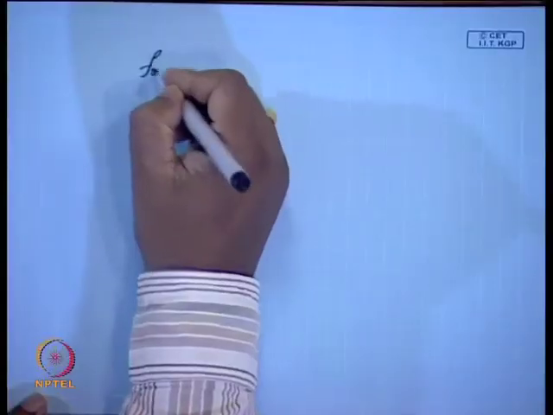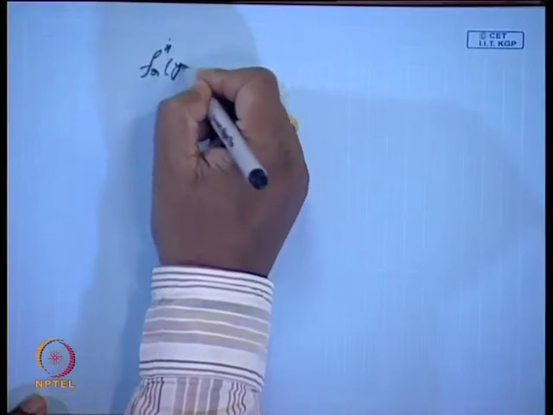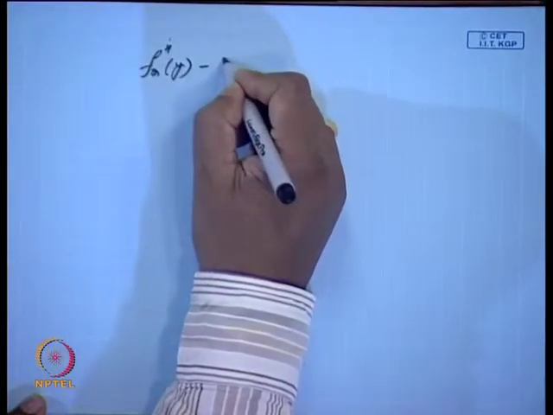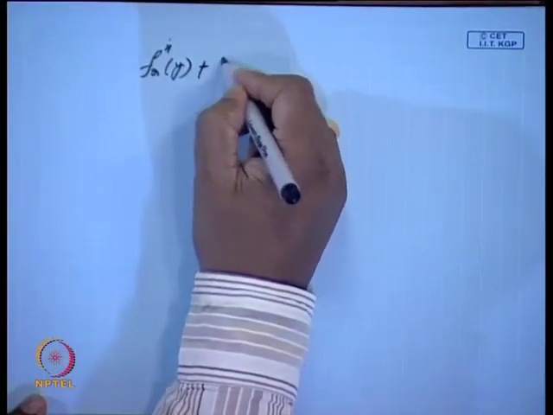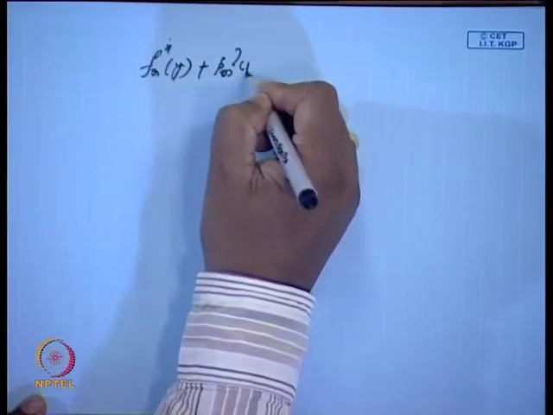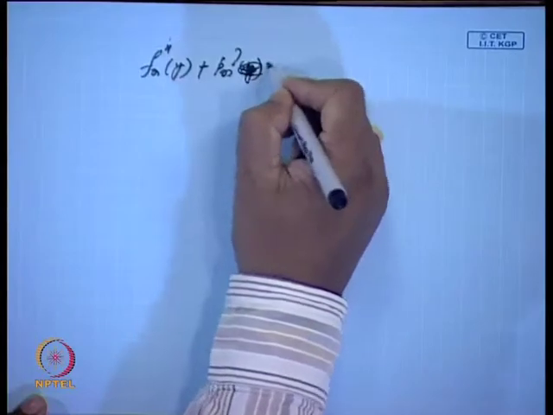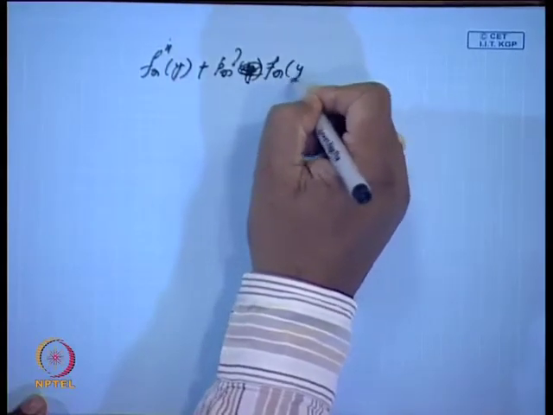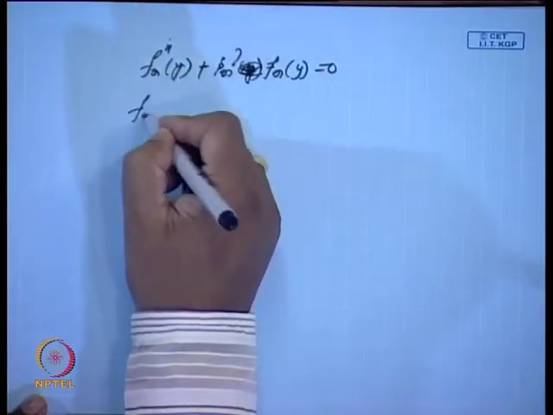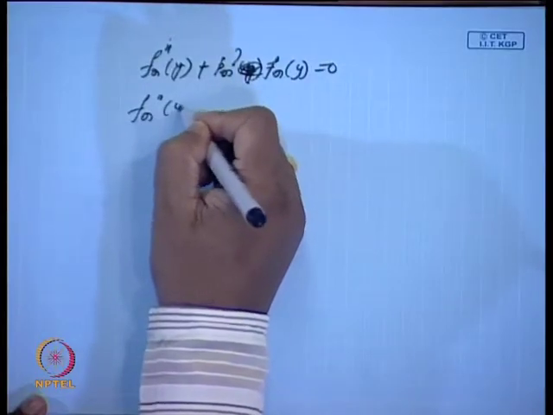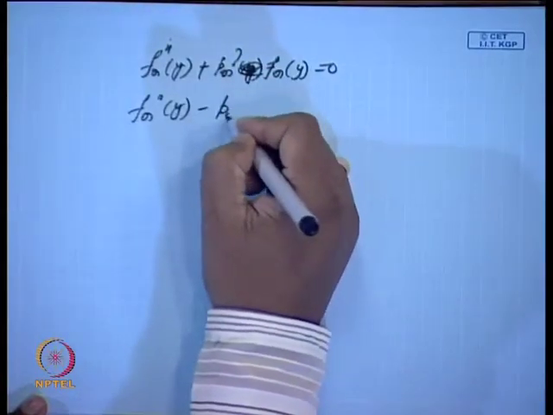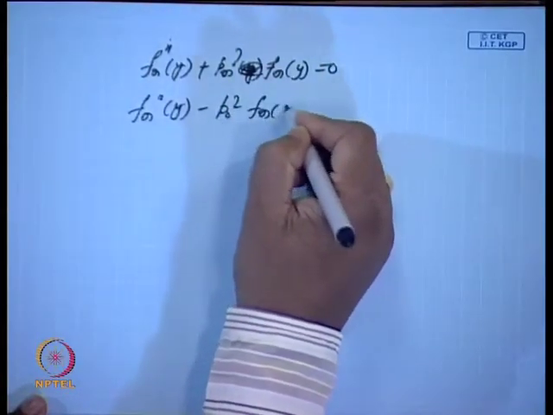Since it is a Sturm-Liouville type boundary value problem, f n y will satisfy the differential equation f n double dash y plus p n square f n y is 0, and again f n double dash y minus k naught square f n y is 0.